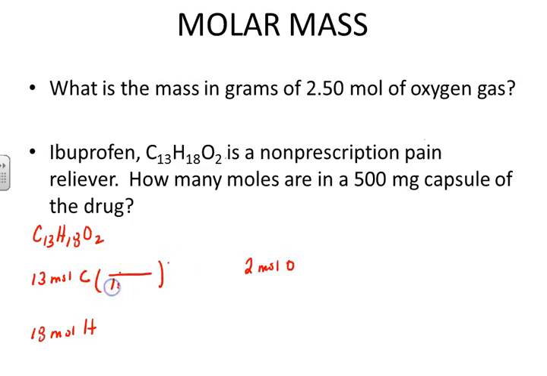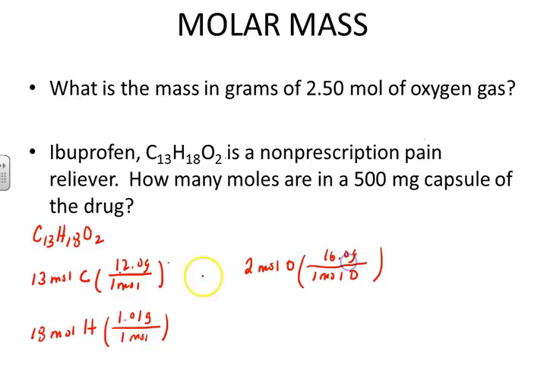For every 1 mole of carbon, we have 12 grams. For every 1 mole of hydrogen, we have 1.01 grams. And for every 1 mole of oxygen, we have 16 grams.